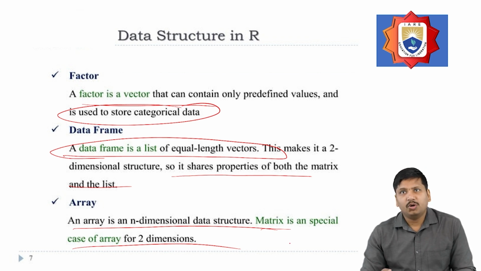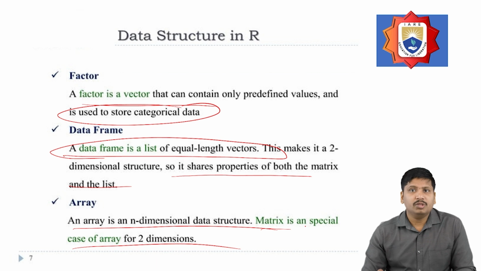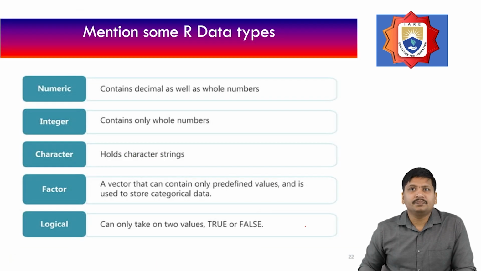So like this, we have different kinds of data structures in R. The factor contains all the predefined values, the data frame is a list which has equal length vectors, and an array is an n-dimensional data structure, where the matrix is a special case of two dimensions.